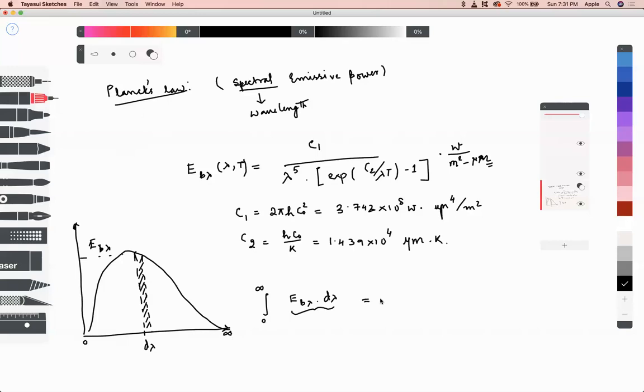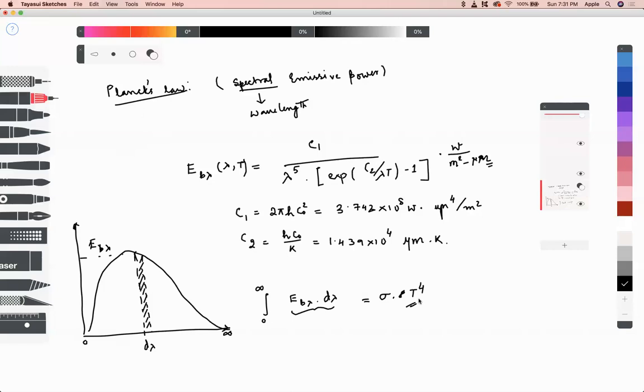Eventually, if we do the integration, we will end up getting sigma T to the power 4. Here A is not there because we are doing it per meter square. This is the expression we are going to get. So Planck's law kind of proves the existence of the Stefan-Boltzmann law also.